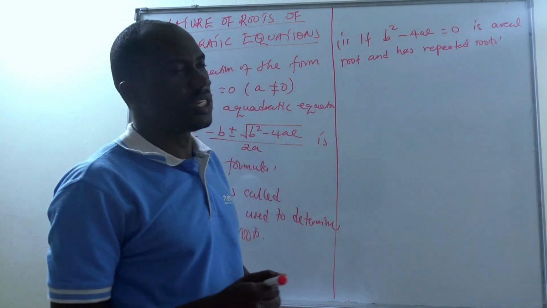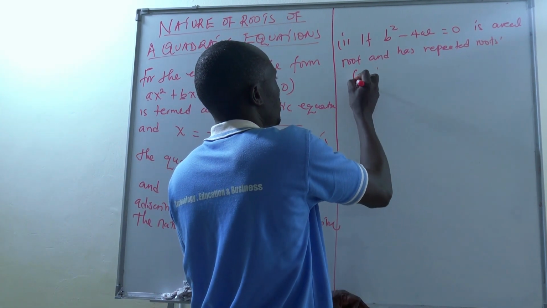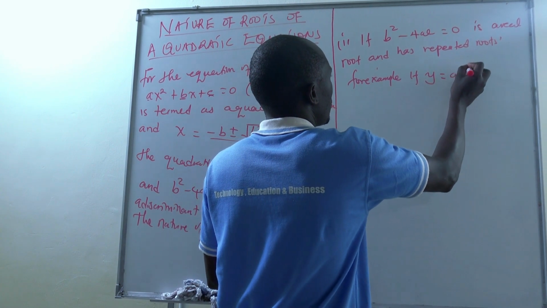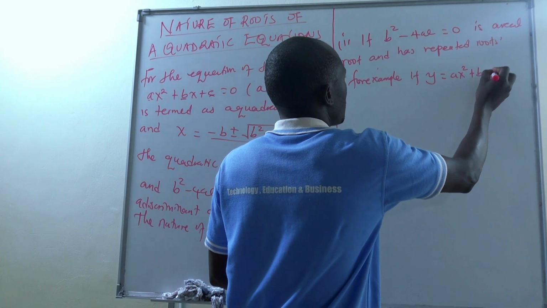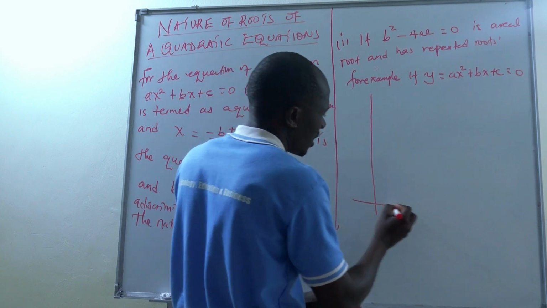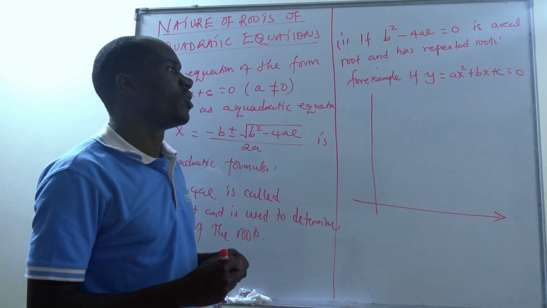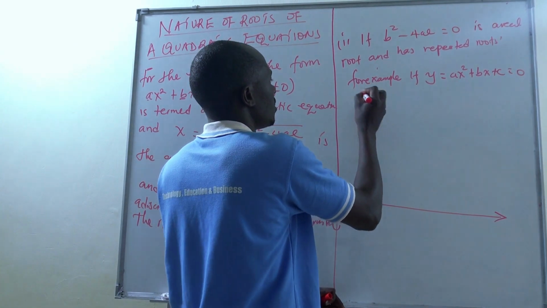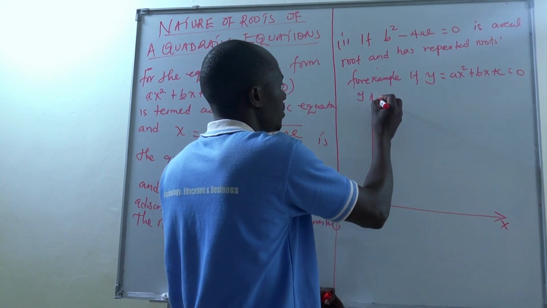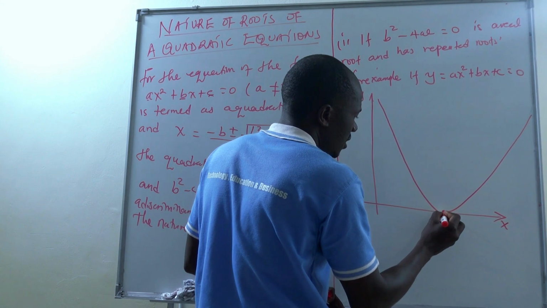When you talk about a repeated root, if you happen to plot your graph, for example y equals ax squared plus bx plus c on a Cartesian plane, this is a quadratic curve which has got a positive gradient. This is our y-axis and this is our x-axis. You plot this curve, it comes like this, and this is our maximum point here.